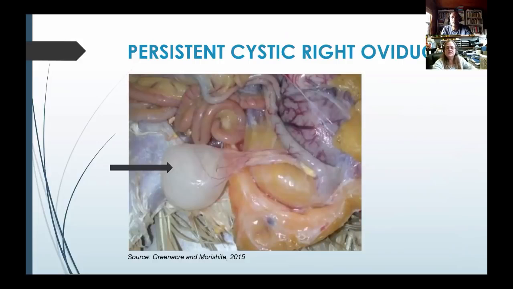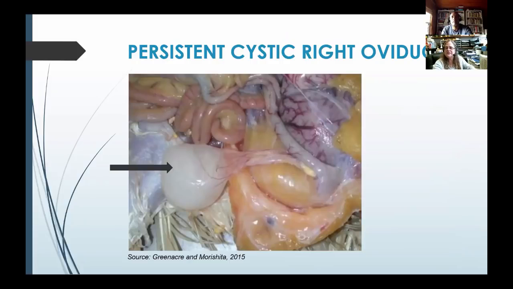The condition here, persistent cystic right oviduct, is fluid accumulation in the vestigial right oviduct, so it didn't completely atrophy. The abdominal cyst is filled with clear fluid. It is attached to the right side of the cloacal wall, the cloaca at the end.